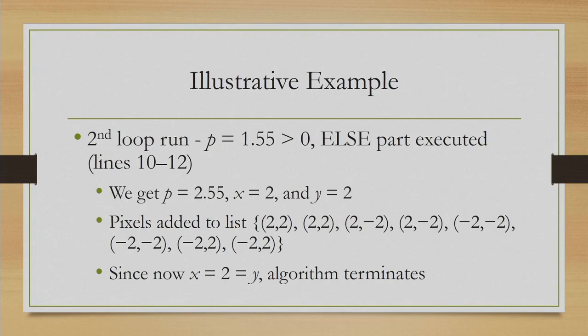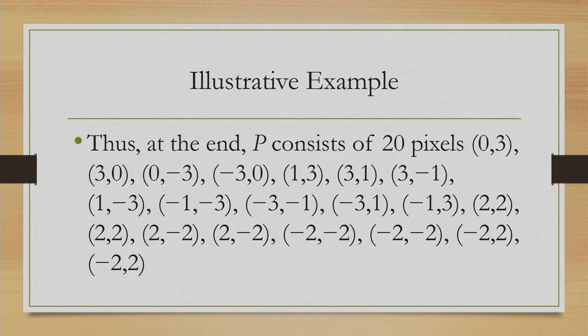In the second loop run, we have p greater than 0. So, we use the expression to update p, and we get the new value, and we decide on this new pixel. Based on that, we choose the 8 pixels as shown here. Now, we have arrived at the end of the loop, the termination condition is reached. So, we stop. At the end what we get is 20 pixels shown here.